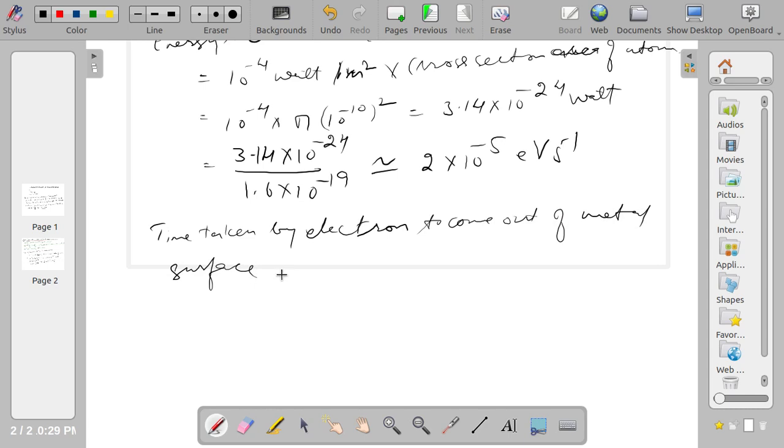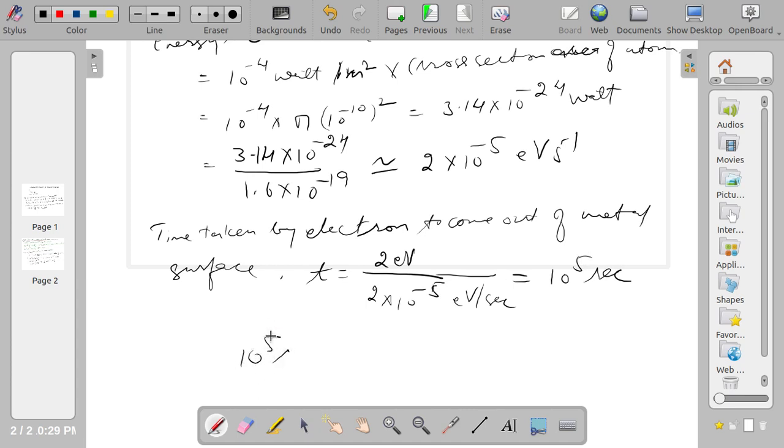T is equal to the work function, 2 electron volt, divided by the energy rate, 2 into 10 raised to power minus 5 electron volt per second. So it is nearly equal to 10 raised to power 5 seconds. So it will take 10 raised to power 5 seconds for the emission of the electron.